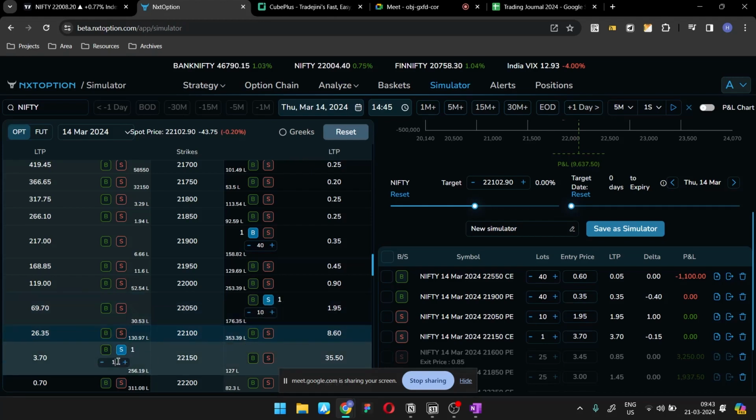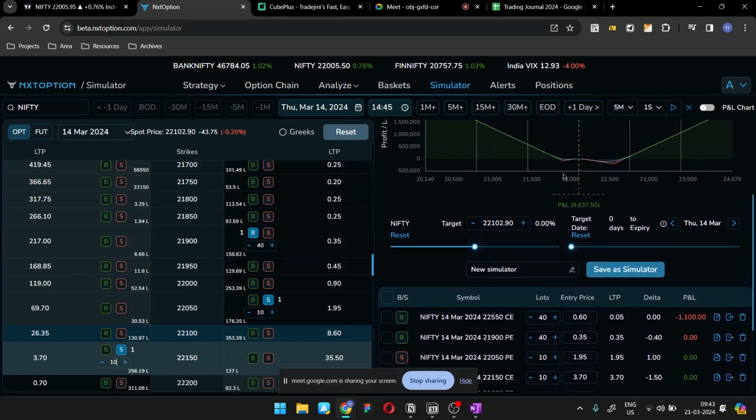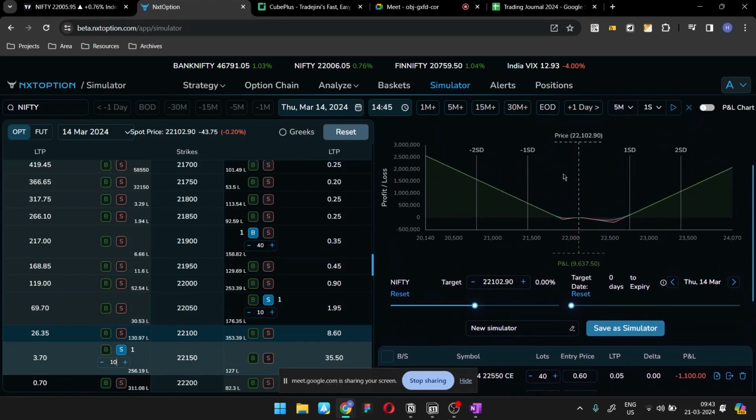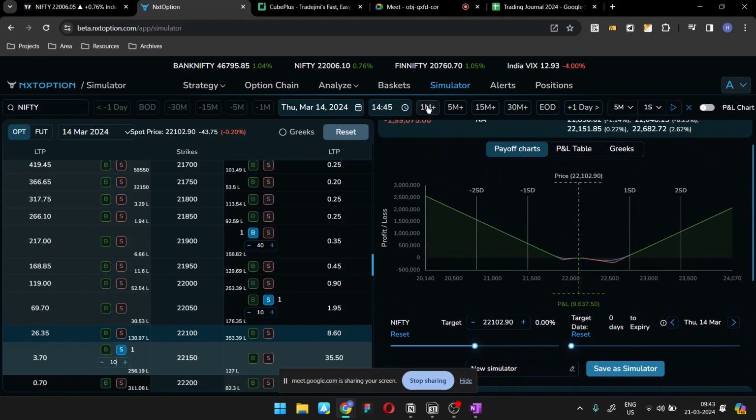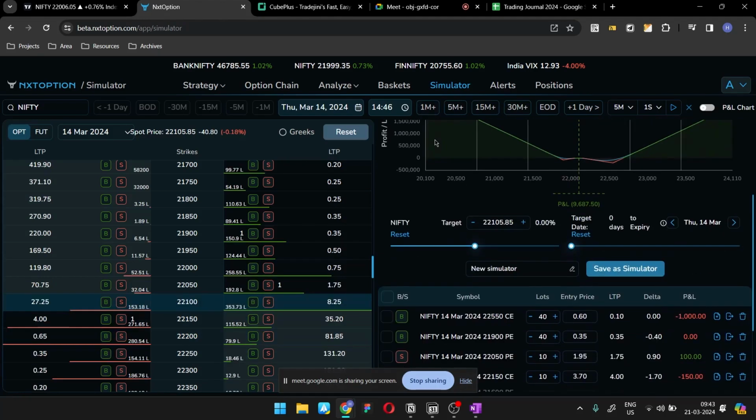So I will start off with 10 lots. And let's see if any spikes I get on either side, I will try to capture. Just ignore the payoff chart. So we see 1.75, nothing major.